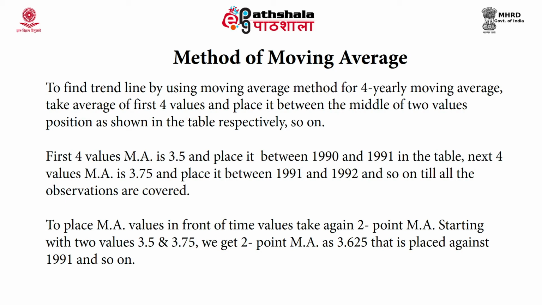The average of these values is 3.5, and it is placed between 1990 and 91. Similarly, the next 4 yearly moving average value is 3.75, and it is placed between 1991 and 1992. The 2 point moving average is the average of 3.5 and 3.75. We get these values, and they are used to make up a trend line.